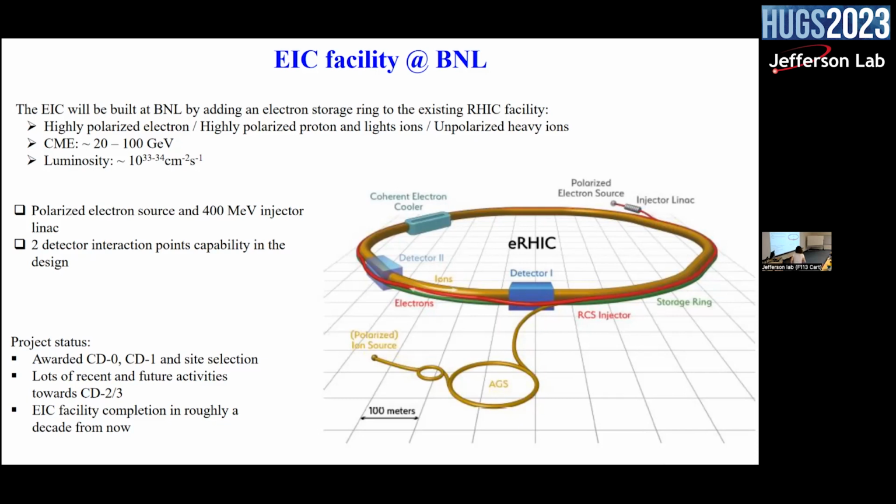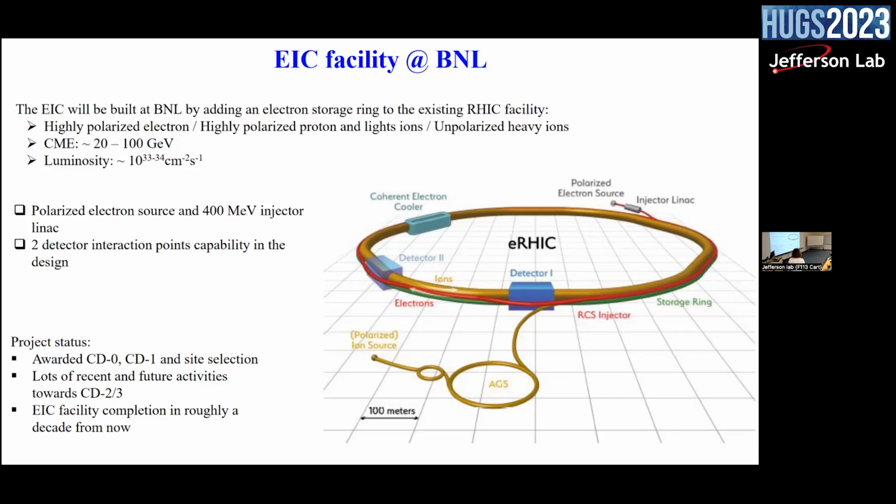So there is a polarized electron source, injector linac, and in principle, the accelerator could allow to have two interaction points to place two different detectors, although right now the main project is to have one single detector. And for the status of the project at the DOE level, there are all these milestones that you have to go through that are the critical decisions of the DOE.